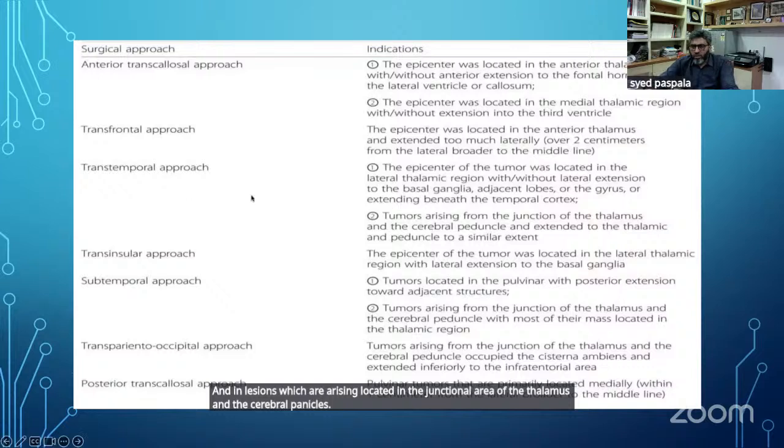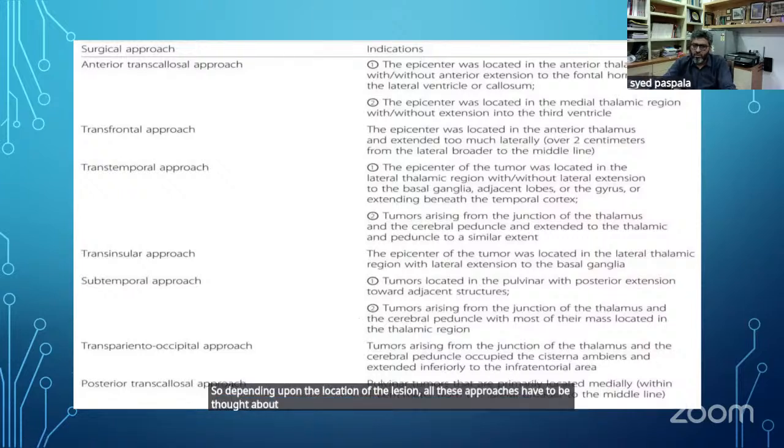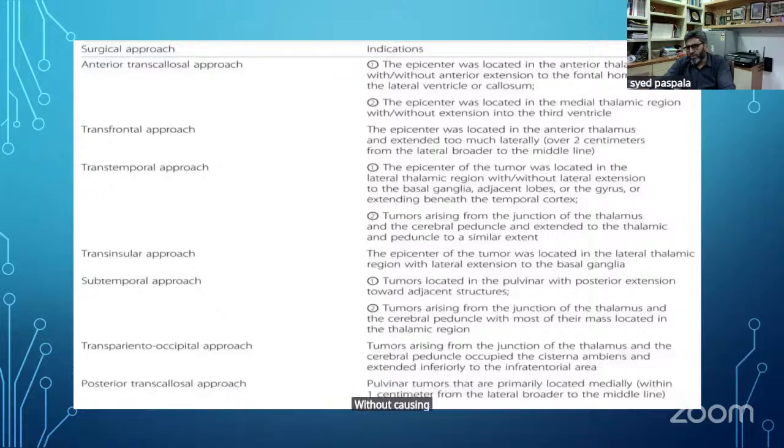So depending upon the location of the lesion, all these approaches have to be thought about and then designed to gain better access and remove the lesions as much as possible without causing much morbidity and mortality.